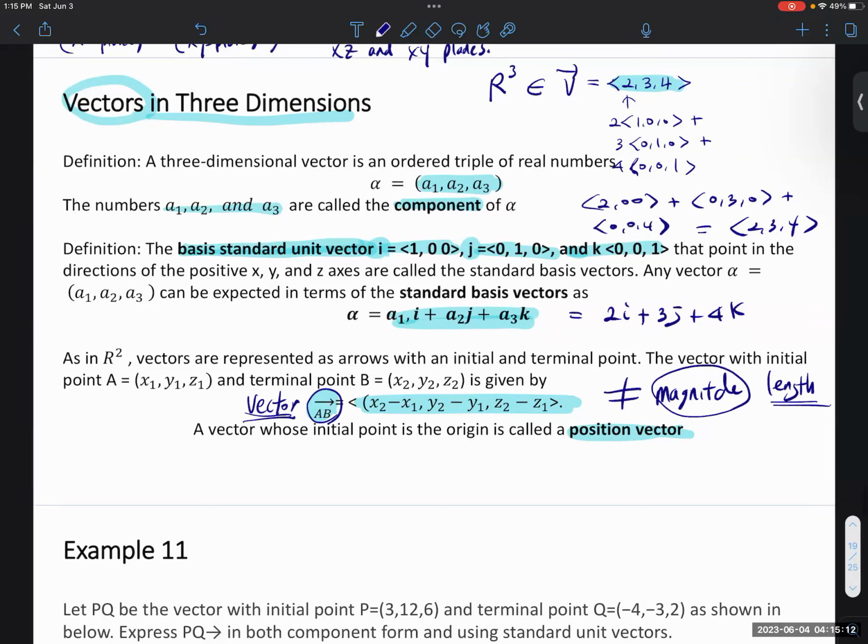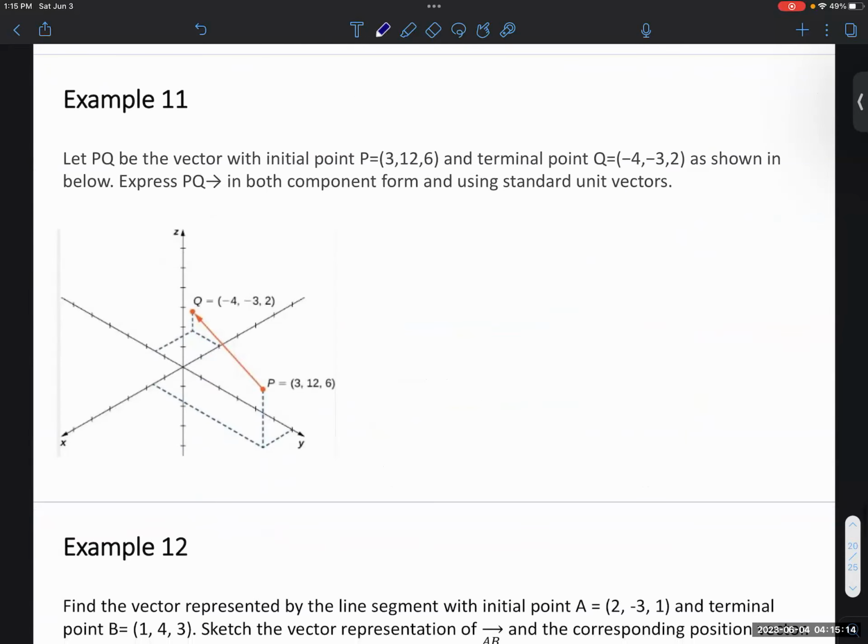So let's take a look at the example. One thing here, you see that they are looking for the vector. So we have a P vector, we have a Q vector. They want to express PQ in both component form and using standard unit vectors. So here, let's find the PQ vector first.